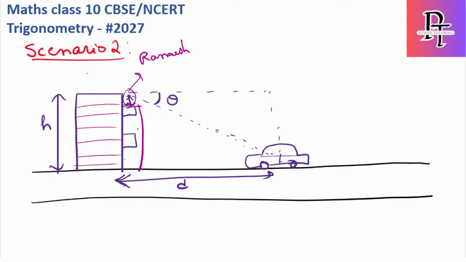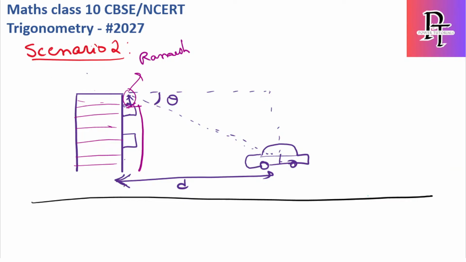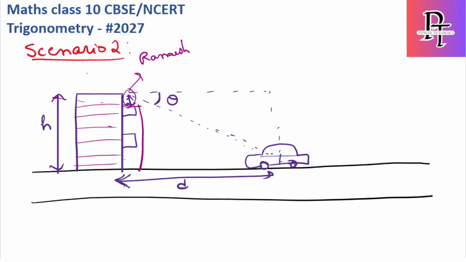Okay, let me just change this. He says that I know the height from my point to the bottom is h, and suppose it is a 30 meter building.